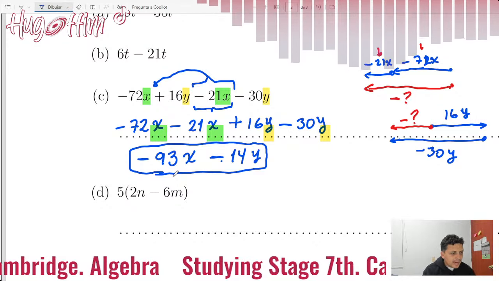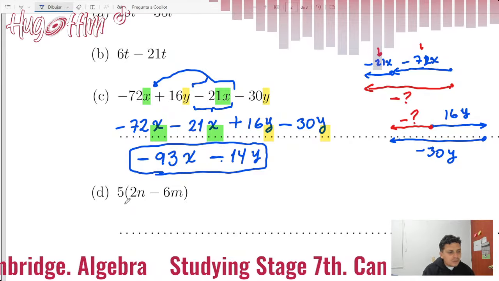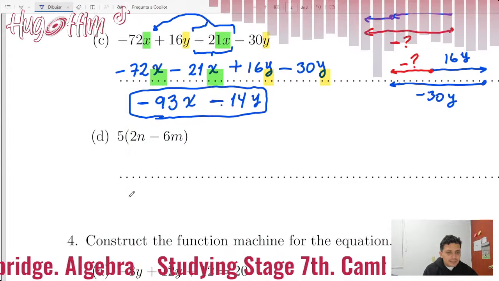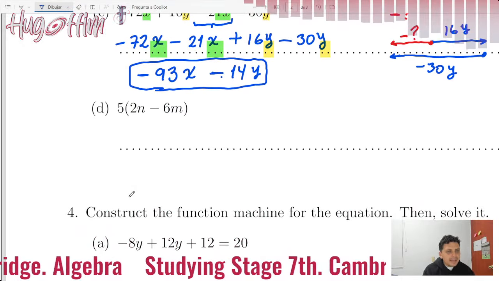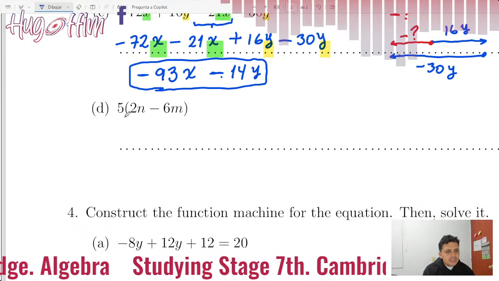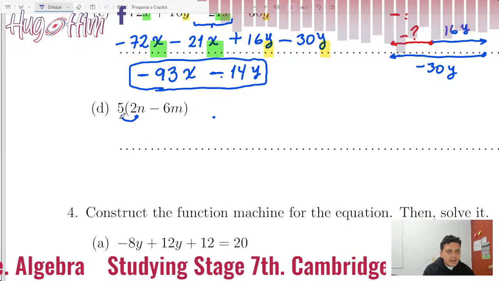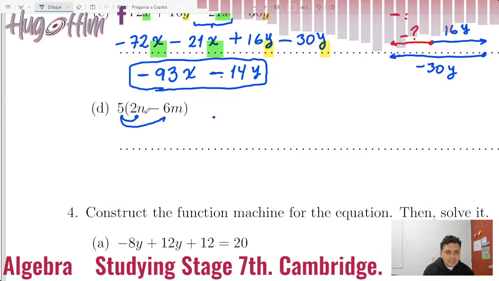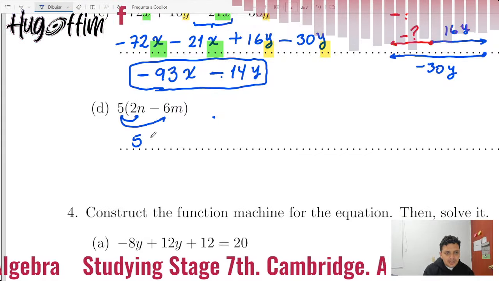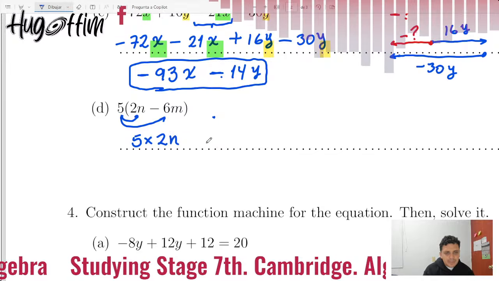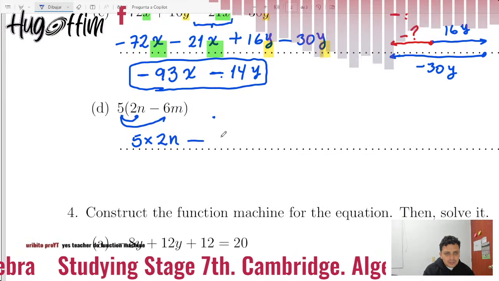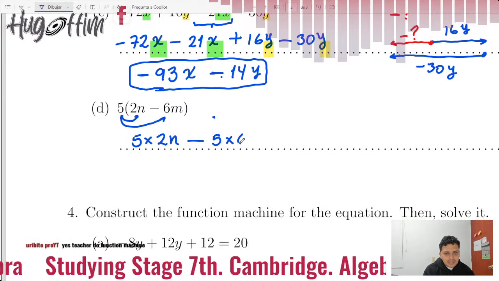Okay? Now, on the other side, when you need to simplify a parenthesis, we apply the distributive property. So in this case, I just need to apply 5 times 2n, and I need to apply 5 times 6m. So this is 5 times 2n minus, keep the minus, 5 times 6m.